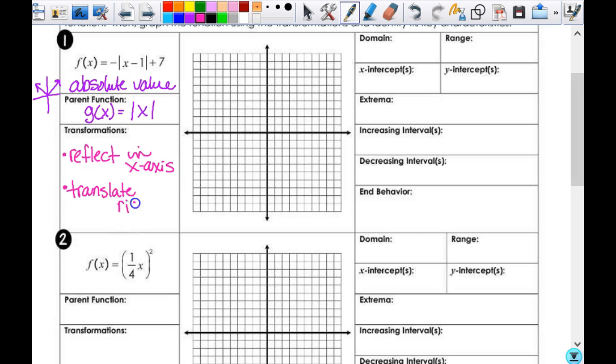Right 1 and up 7. It's fine to put the 7 first, and say up 7, not 7 up. Right 1 and up 7.